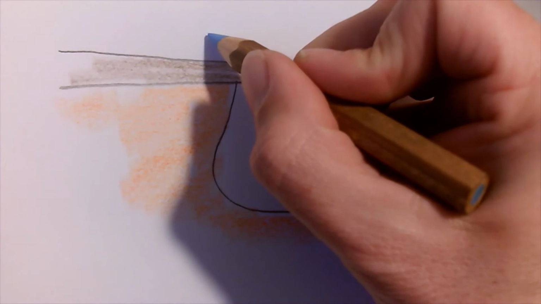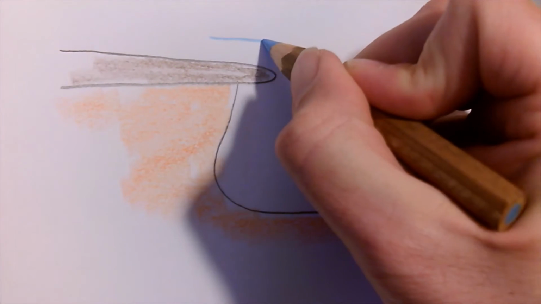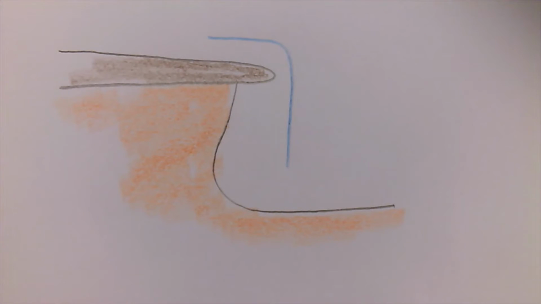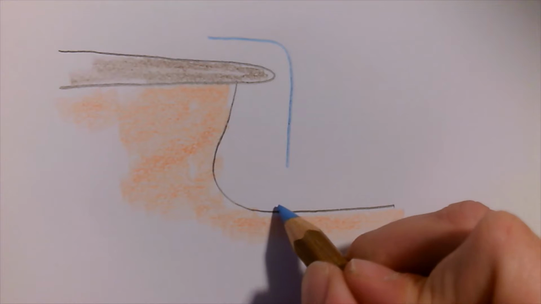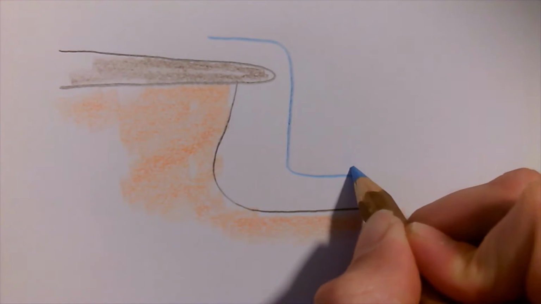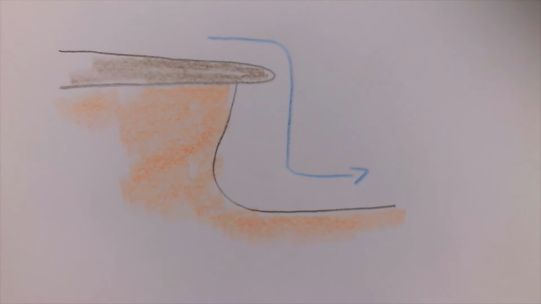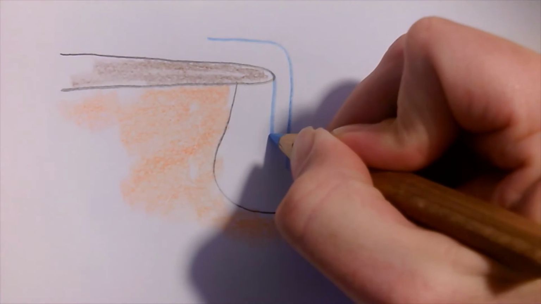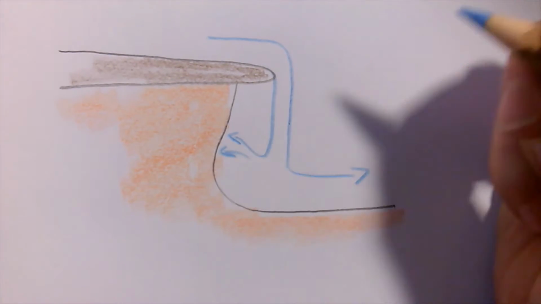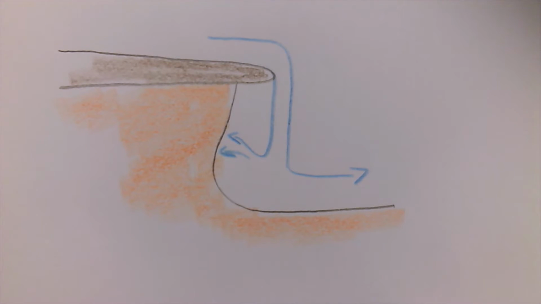And the water, or the river, now flows over that vertical drop and down towards the new level of the riverbed. A lot of that flow is going to continue downstream. But some of it is going to splash back and hit the softer rock at the bottom.